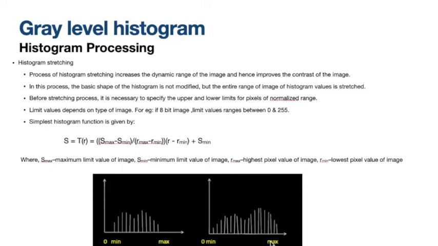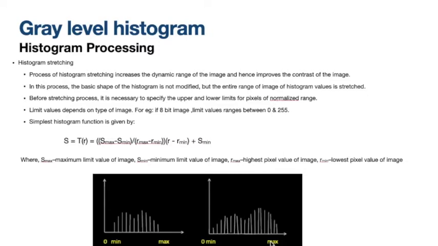Okay, so before the stretching process, it is necessary to specify the upper and lower limits for pixels of the normalized range. The limit values depend on the type of image. For example, if it is an 8-bit image, limit values range between 0 and 255.